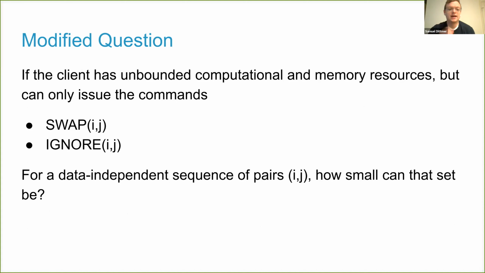And as sort of an exercise to the reader or a form of motivation, I want to ask this modified version of the question. If you remove the restriction that the client has finite memory, but they're still only allowed to tell the server to swap the identified pairs or not to touch them, how small can your list be?